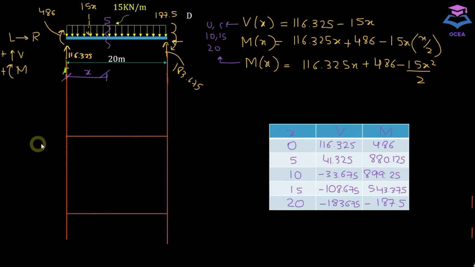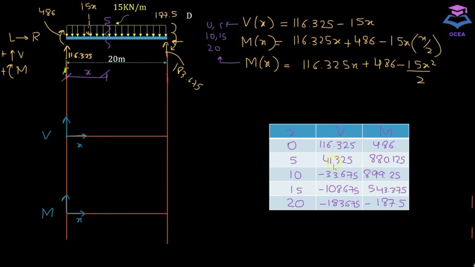After this, I'm going to draw my shear force and moment diagram for this member. This would be x, and on this axis this would be the value of shear force. Similarly, the ordinate over here would be corresponding to the value of moment.